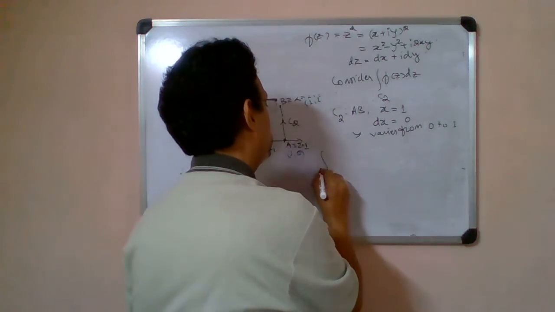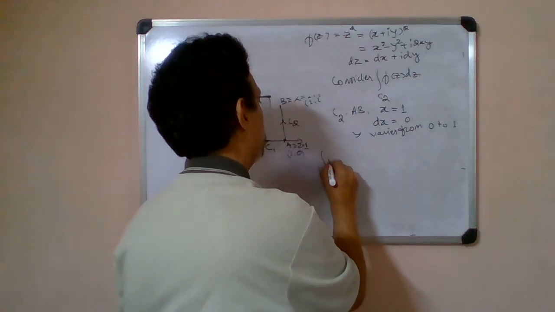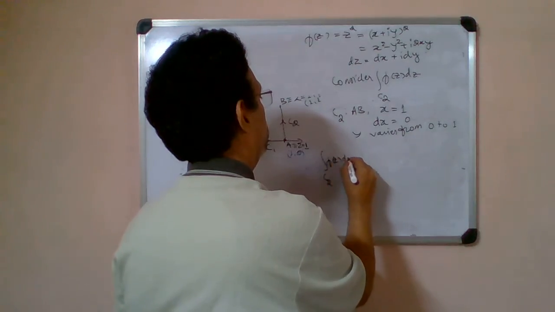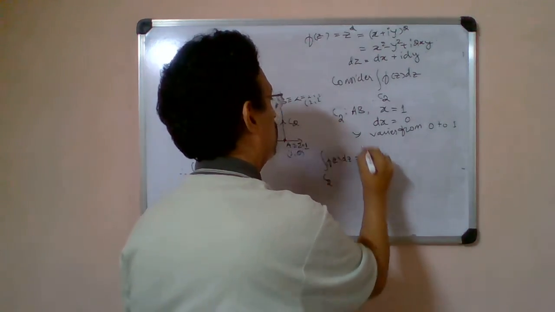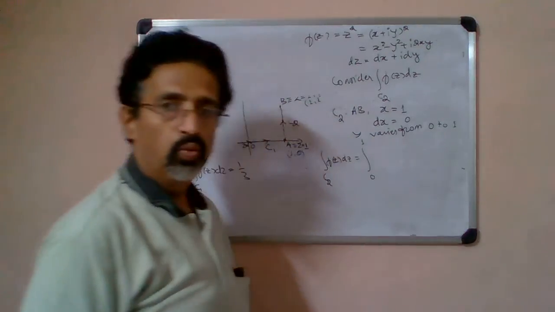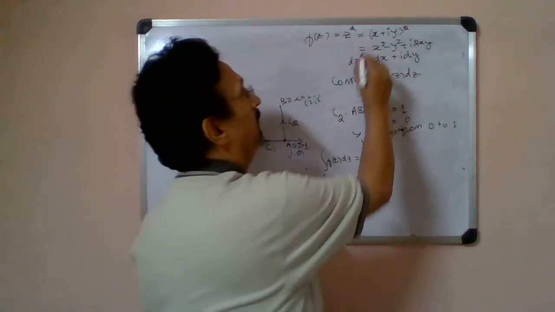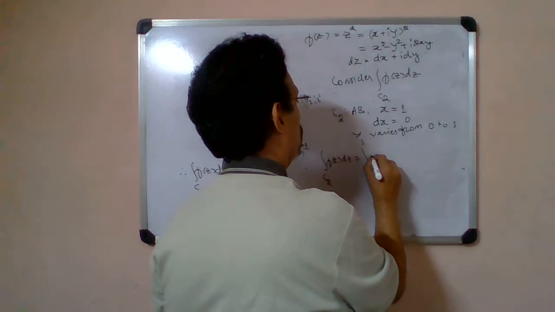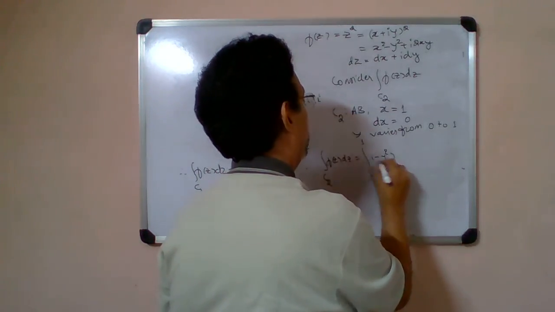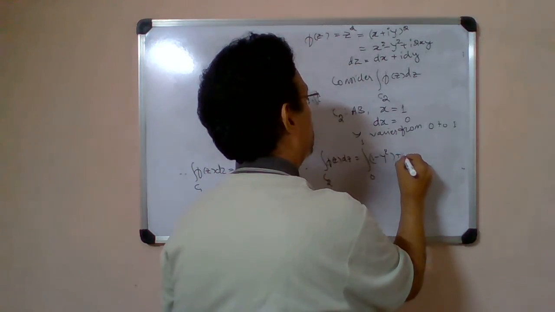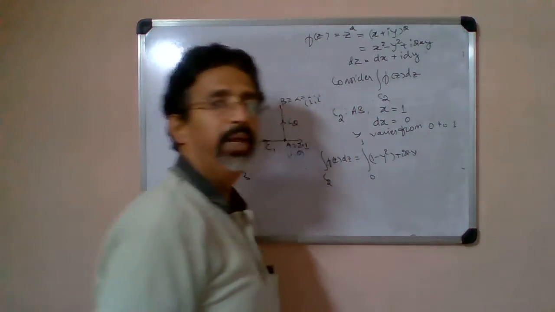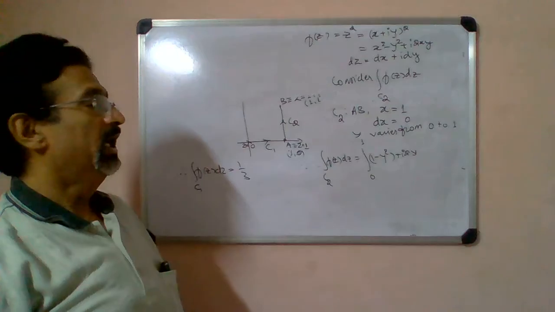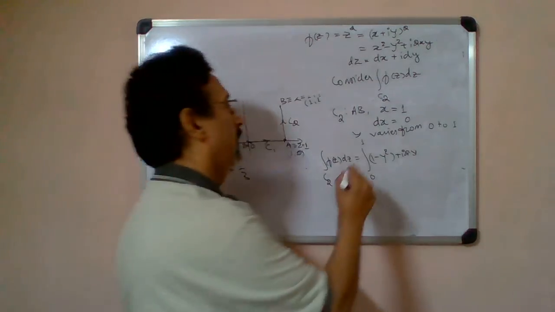Therefore, the integral over C2 of f(z) dz will be equal to the integration with y varying from 0 to 1 of 1 minus y squared plus i times 2 into 1 into y, since x is 1 on AB, into dz.